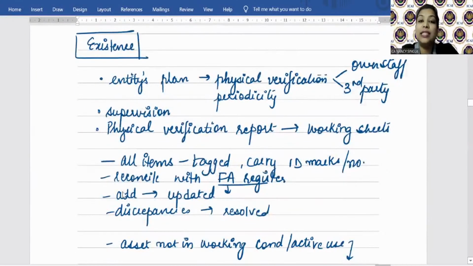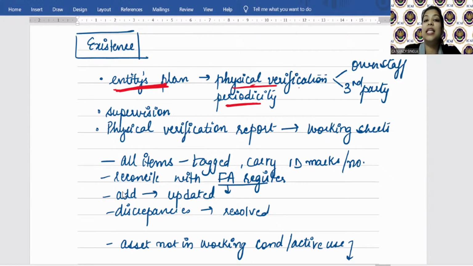Now with respect to existence, जैसे inventory को verify किया था ना, same way here existence of the PPE, property, plant and equipment, auditor will perform the same audit procedures. ठीक है? So auditor will see the entity's plan of physical verification. What is the periodicity?